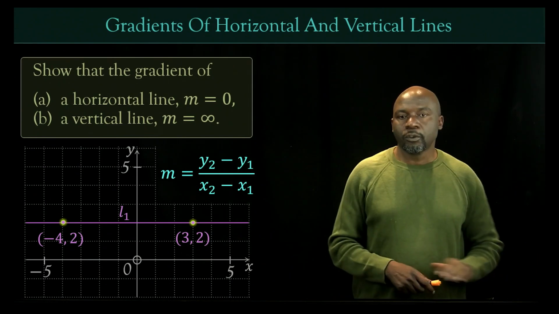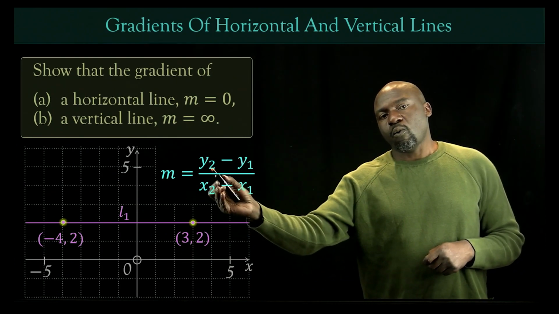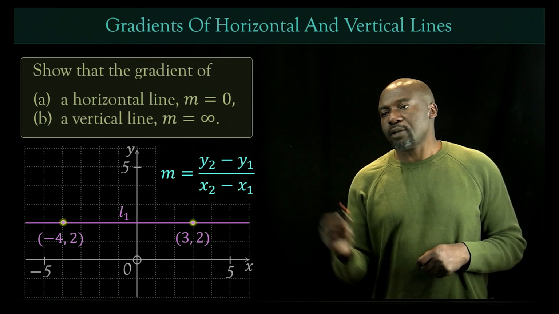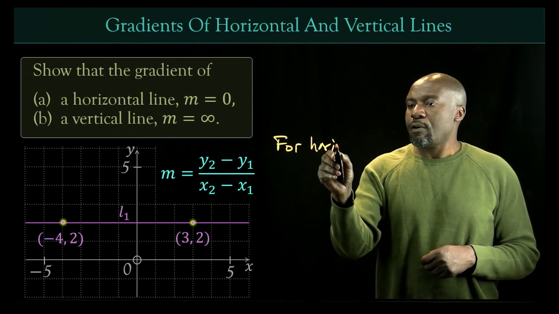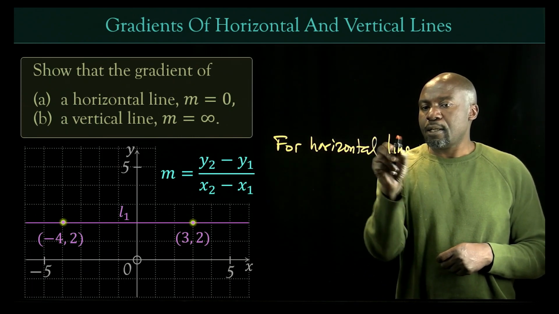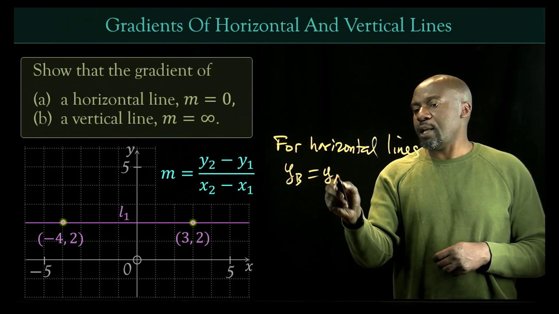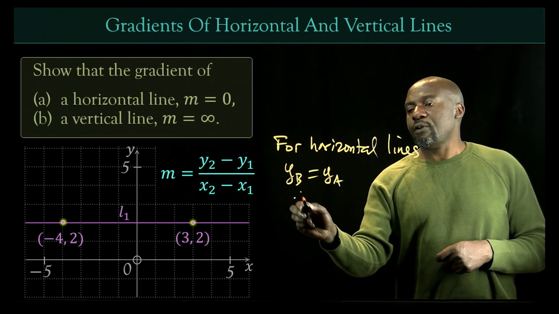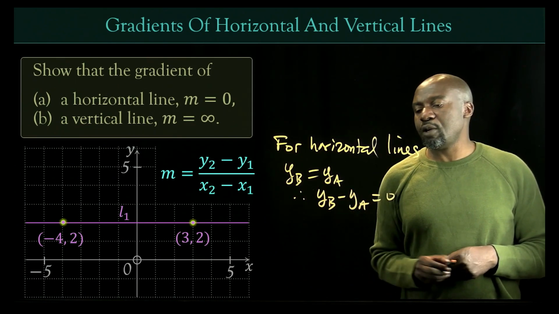So for any horizontal line, y2 is always equal to y1. For horizontal lines, YB is YA, and therefore YB minus YA is always going to be equal to 0.